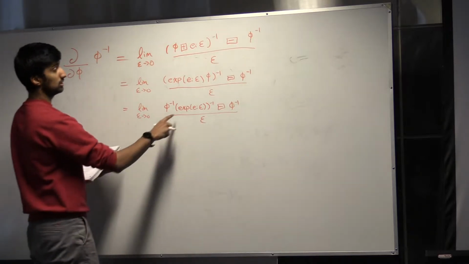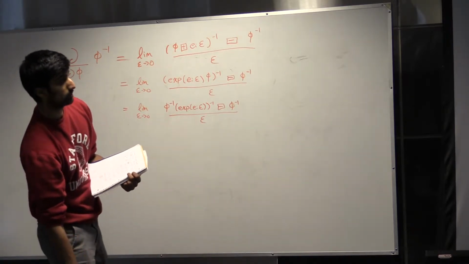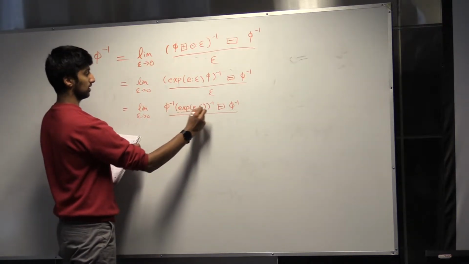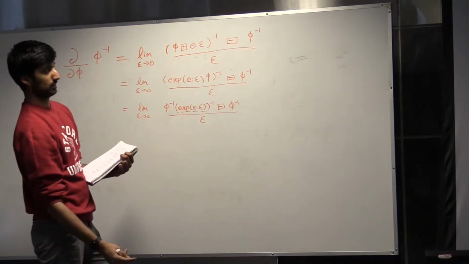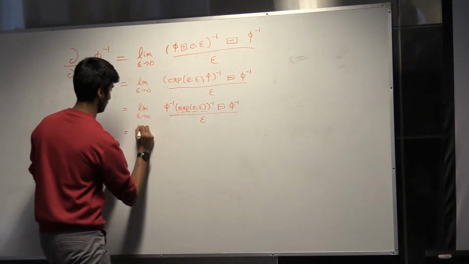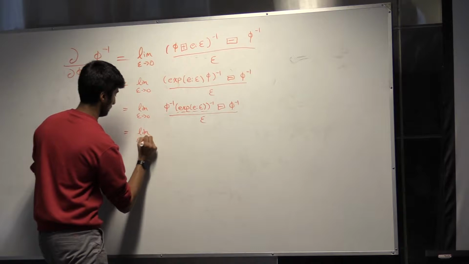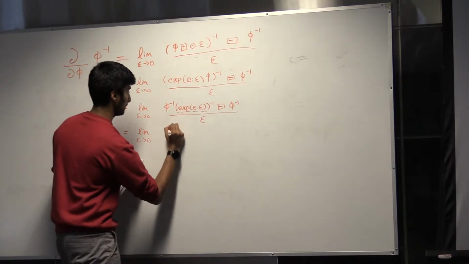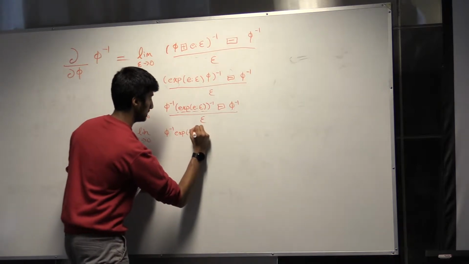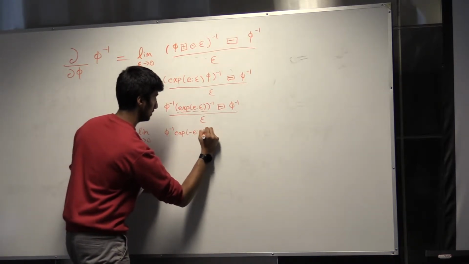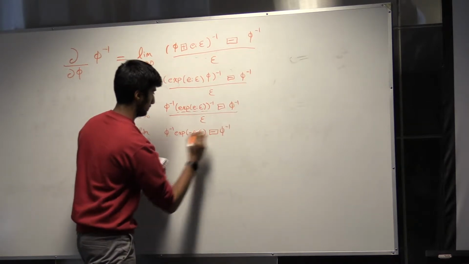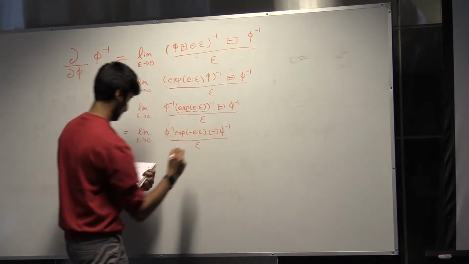And then we can use the inverse identity, and replace this second term with the exponential map of the negative of the term being evaluated. So this becomes phi inverse again, minus EI epsilon, and then box minus phi inverse over epsilon again.